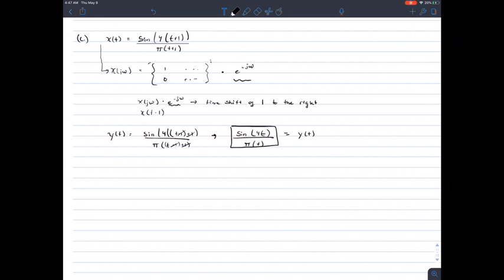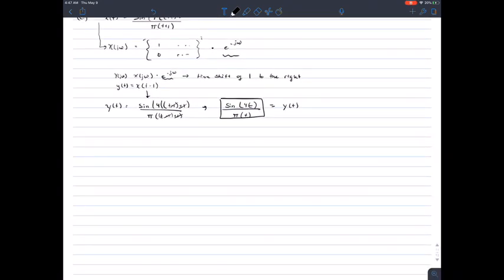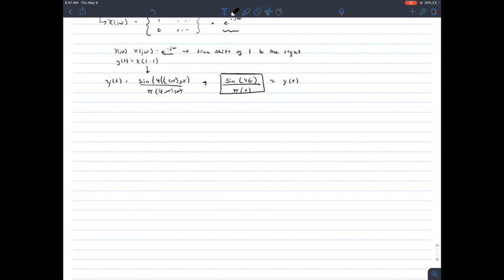So you need to change it back. So this is your y sub j omega, and this is going to be your y sub t, which is equal to that. We are just plugging in x of t minus 1 to get our y sub t, which is our linear time invariant impulse response. Okay?